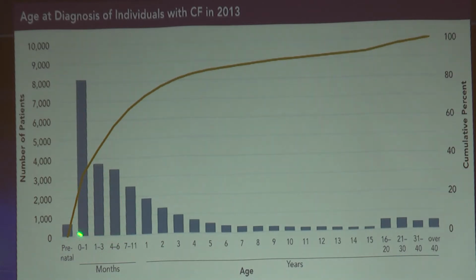And then a large number also occurring in early infancy, and then a big fall off, but we still see patients that are being diagnosed in later life. These are people that did not have screening done and present later with symptoms, and that's the traditional method of diagnosis. So there are still adults being diagnosed with CF, and some of them have had other diagnoses for years or decades, things like they've been called chronic bronchitis or bronchiectasis.